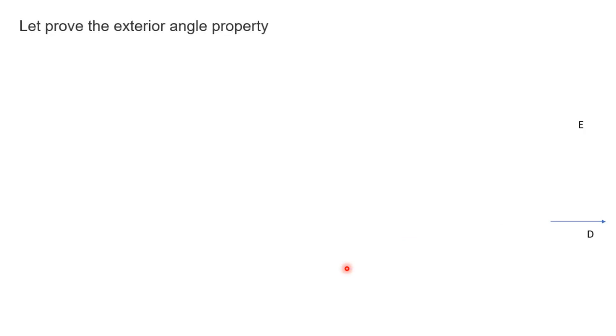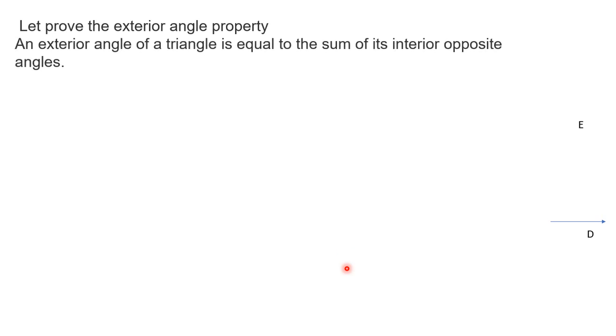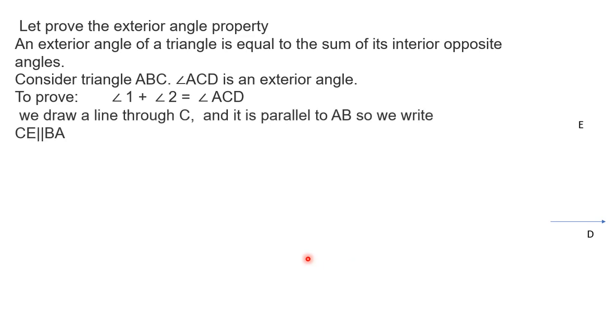Now let's prove this exterior angle property, which says an exterior angle of a triangle is equal to the sum of its interior opposite angles. So let ABC be a triangle and angle ACD is its exterior angle. Now we have to prove, if angle A is denoted by 1 and angle 2 denotes the angle B, that angle 1 plus angle 2 is equal to angle ACD.